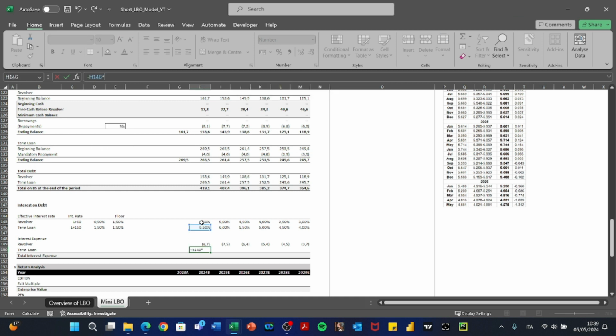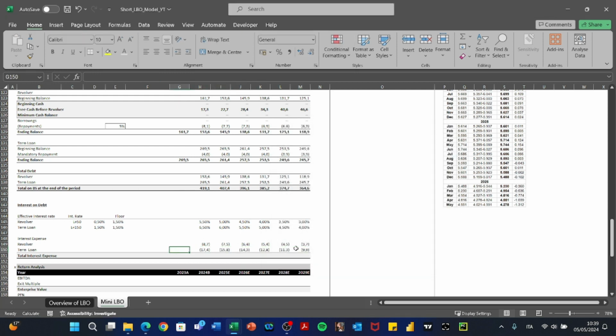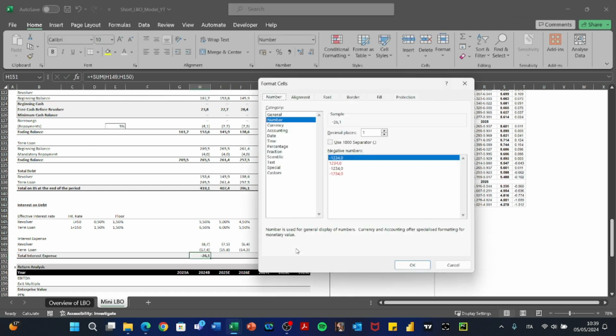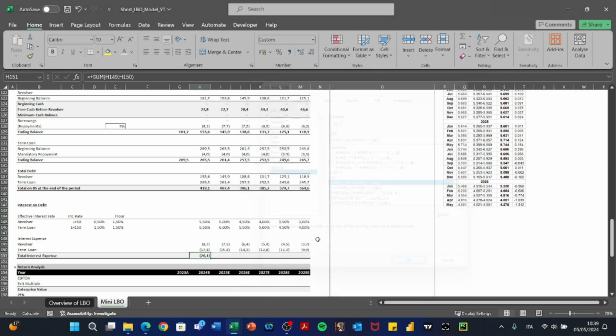Minus interest rate and reach the minimum balance. Sum of interest expenses. Rule.